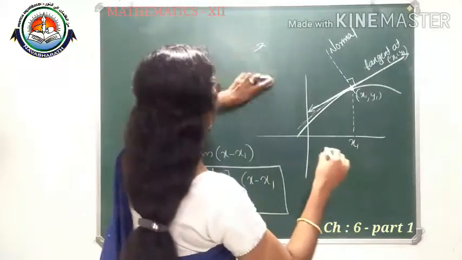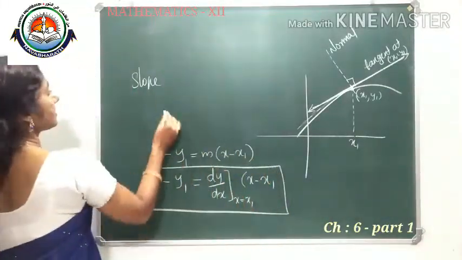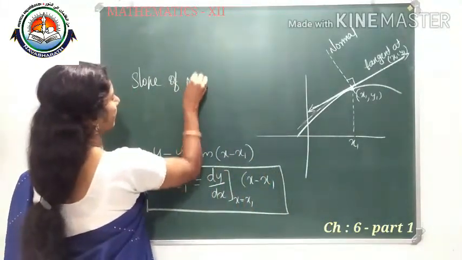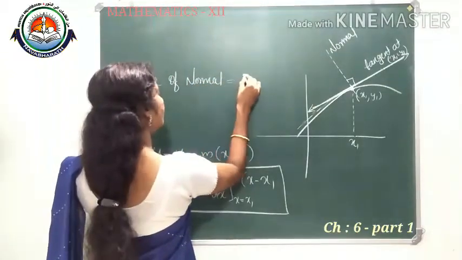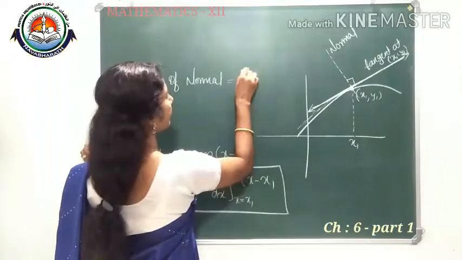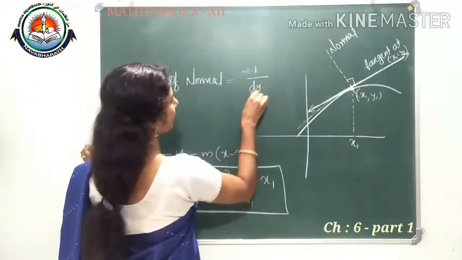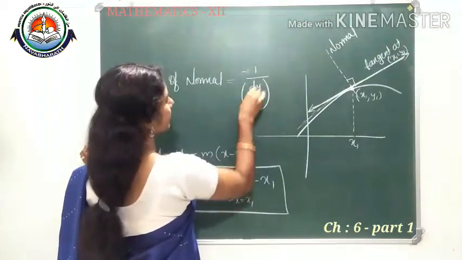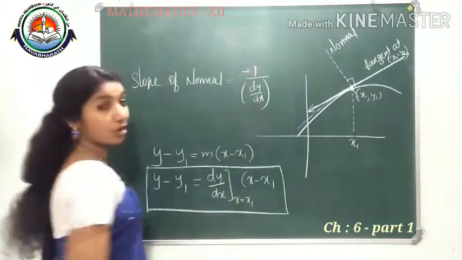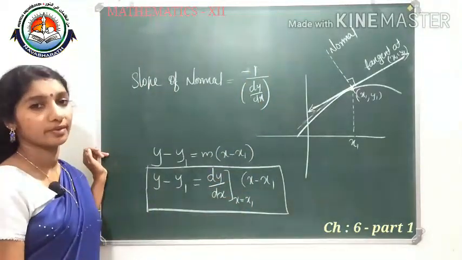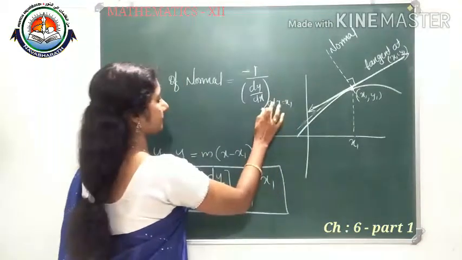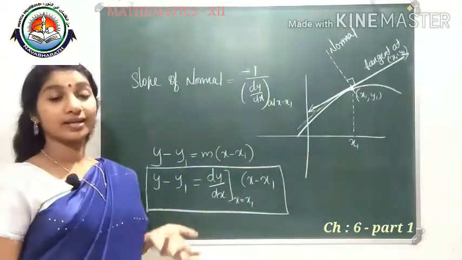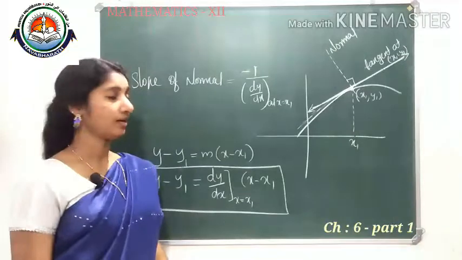Since we know the slope of the tangent is dy by dx, the slope of the normal at x1 is equal to minus 1 by dy by dx. Since dy by dx is the slope of the tangent, the normal slope is minus 1 by dy by dx at x equal to x1. So now you can write the equation of the normal.